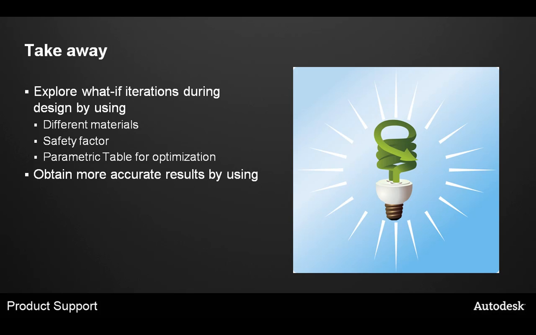You could also obtain much more accurate results if you remember using the H refinement convergence technique. It doesn't come for free. You probably increase your calculation time and your mesh density, but the benefits are worth it.